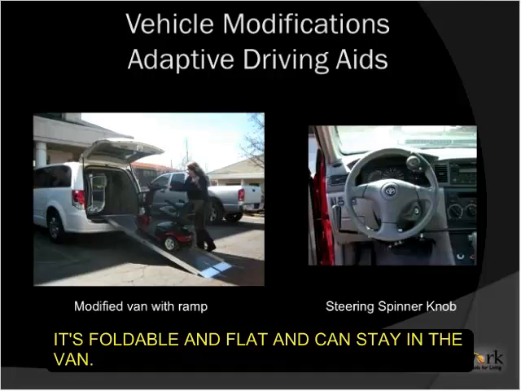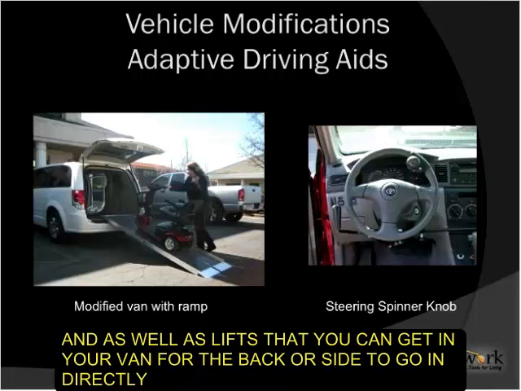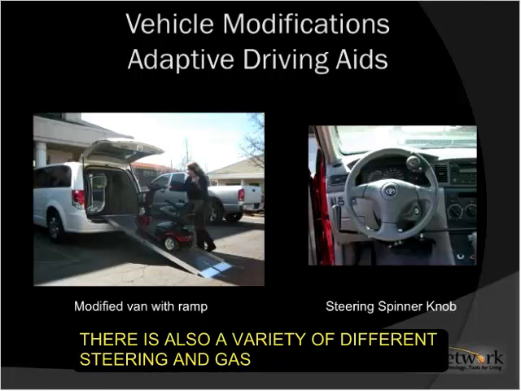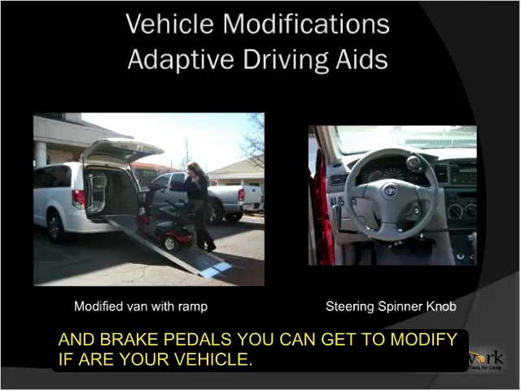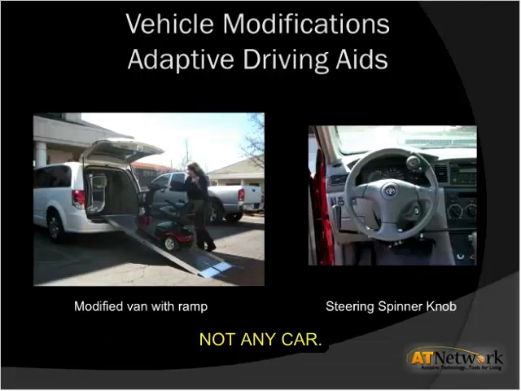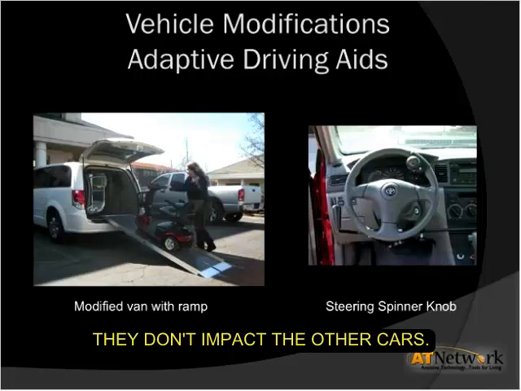Versus there are lifts that you can get in your van, in the back or the side, to go in directly with a wheelchair or scooter. There's also a variety of different steering, gas, and brake pedals that you can get to modify your vehicle, and these are great. They usually fit into almost any car, and they don't impact the other drivers.